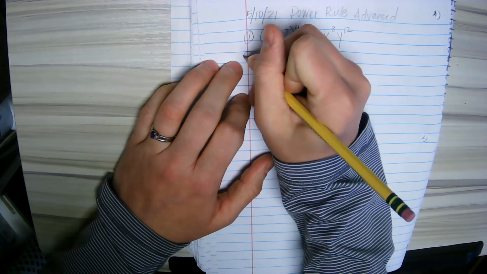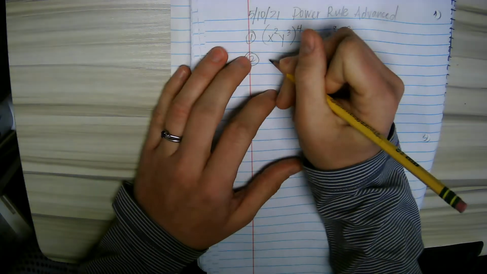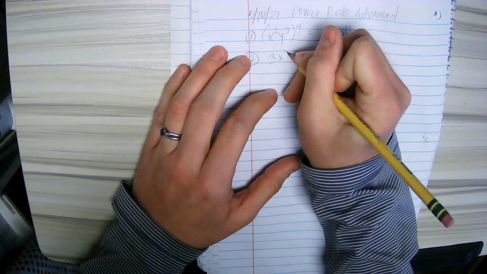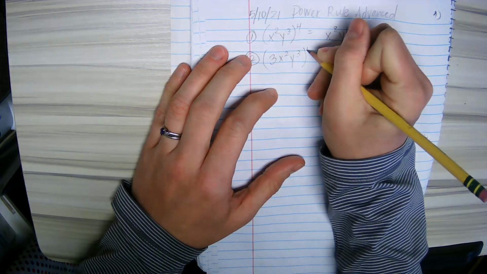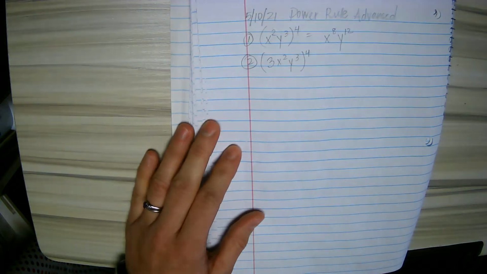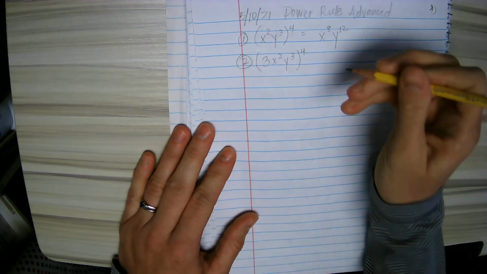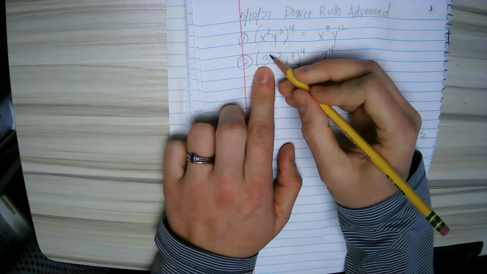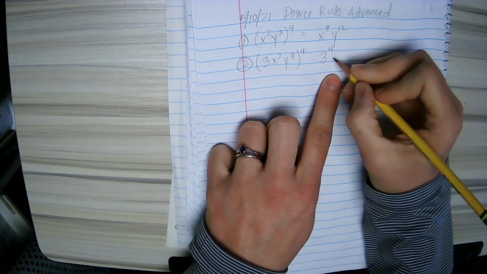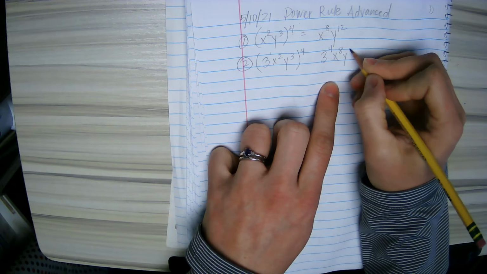If I had a number in front of that, let's say 3, x squared y cubed, all raised to the 4th power, I have to take this 3 to the 4th power, because really this is 3 to the 1st power. 1 times 4 is 4. And then we just said this would be x to the 8th, y to the 12th.